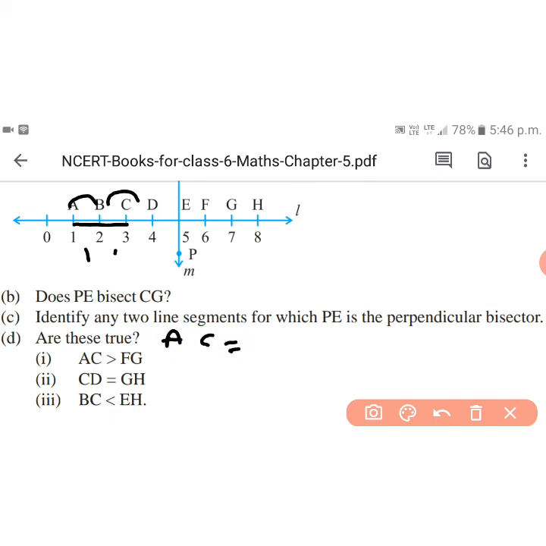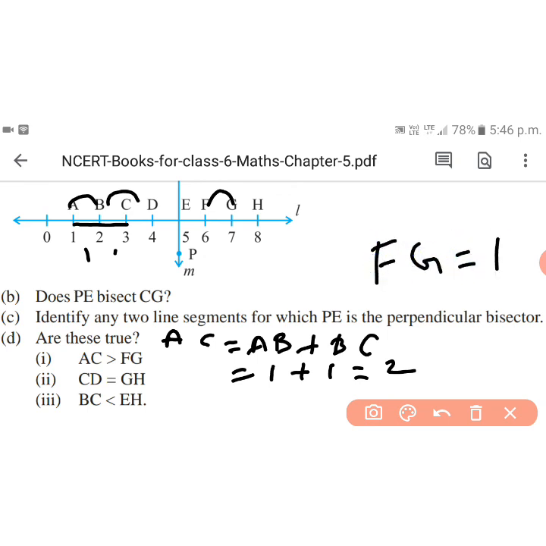AC equal to AB plus BC, which is equal to AB is 1 unit plus BC is 1 unit. 1 plus 1 equal to 2. FG. This is FG. FG equal to 1. So AC is greater than FG. 2 is greater than 1. So AC is greater than FG is true.